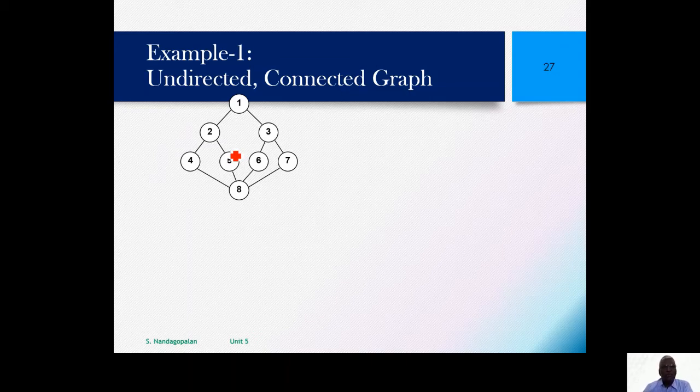This keeps going in a systematic manner so that we get the output as a BFS tree. The input for this BFS is a graph, in this case an undirected connected graph, and the output is a BFS tree.